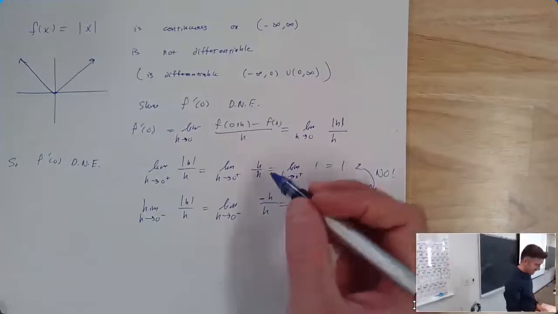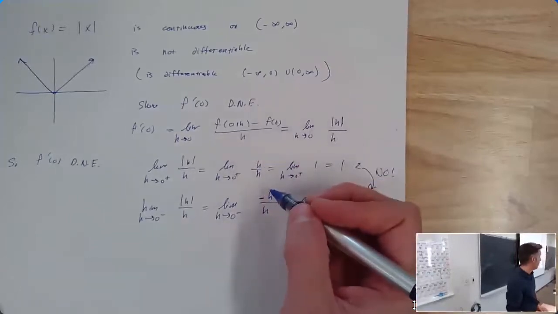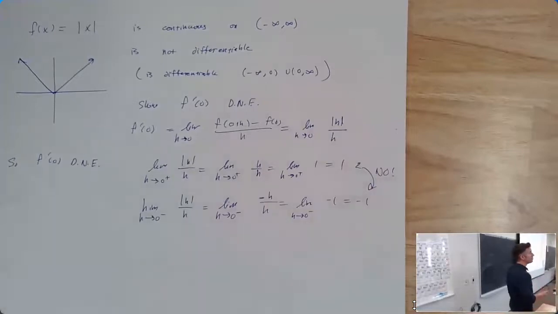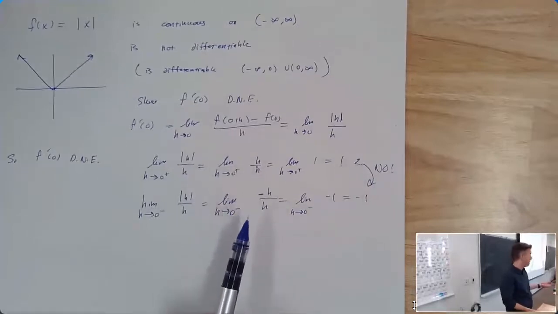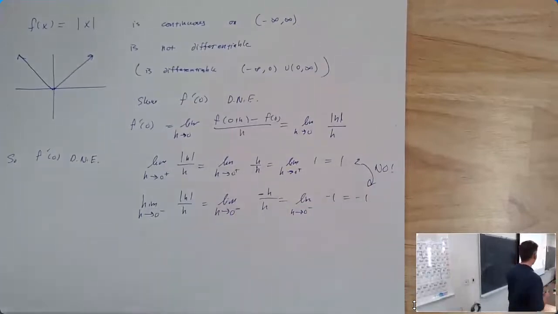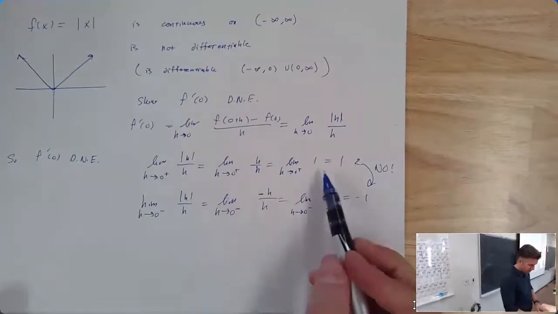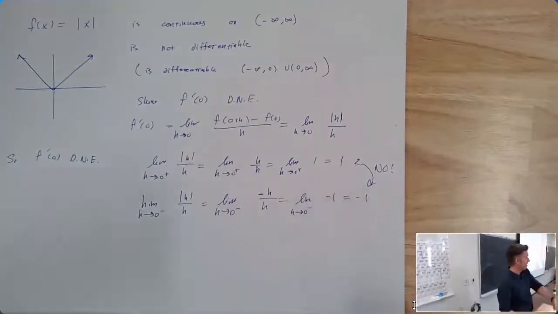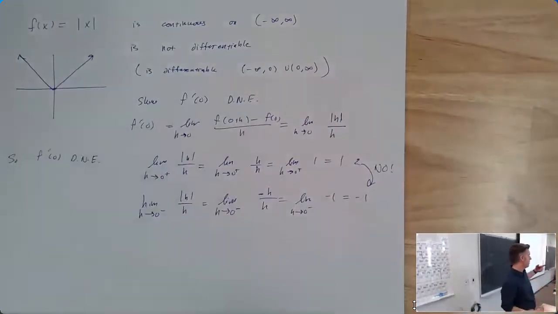I can divide not 0 by the same not 0 and get 1. So I'm allowed to do all the usual algebra things. I'm just doing normal algebra, saying h divided by h, that's 1. So the point here is this is 1, and then this is negative 1, and the limit doesn't exist because they're not the same, not because there's some other magical 0 over 0 weirdness happening.